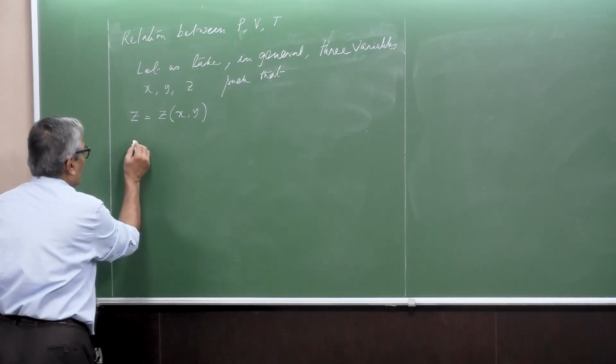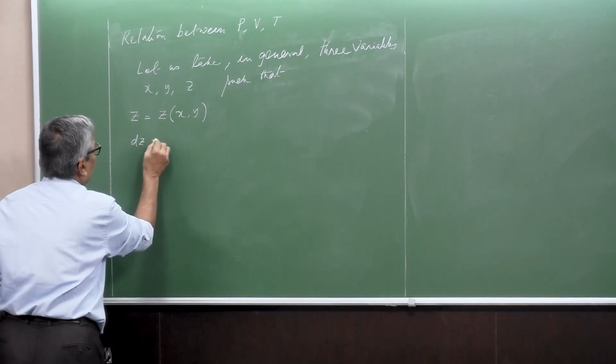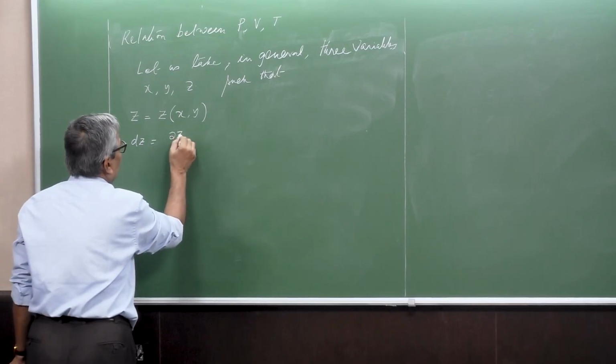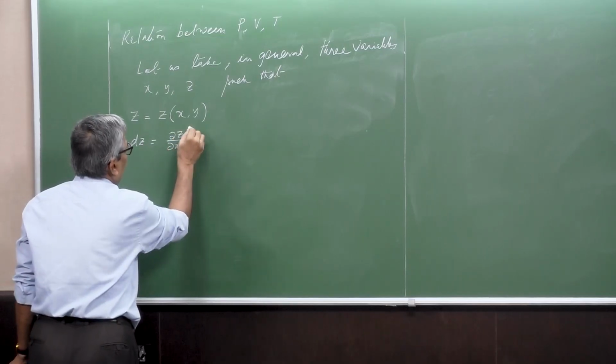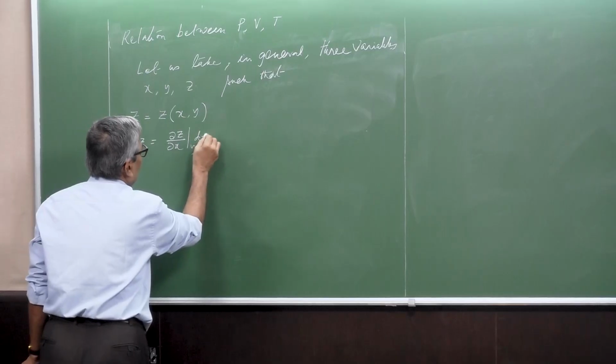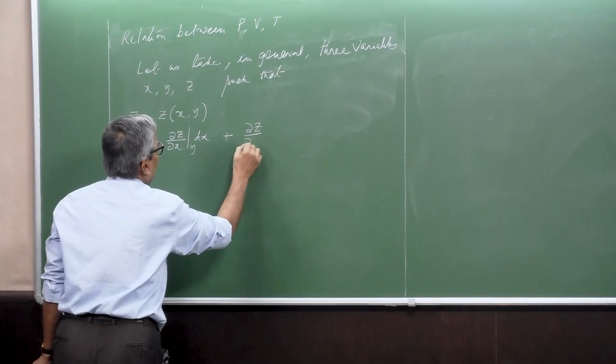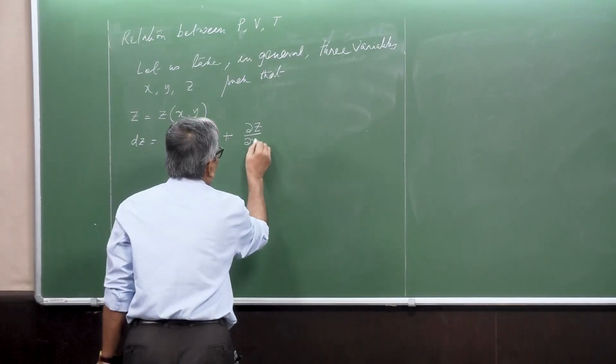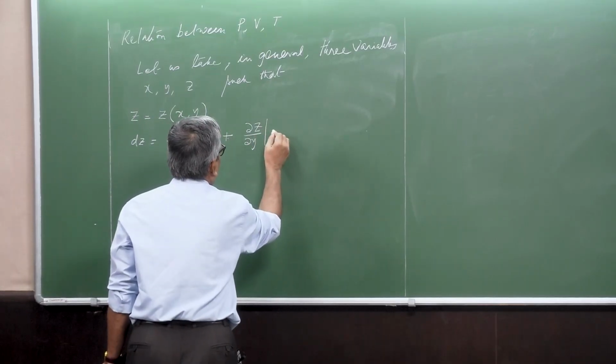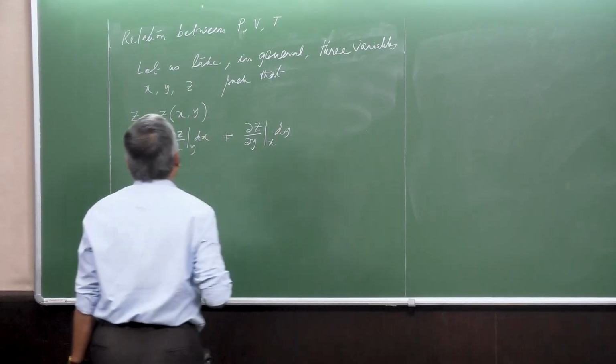So dz equals del z del x at constant y times dx plus del z del y at constant x times dy.